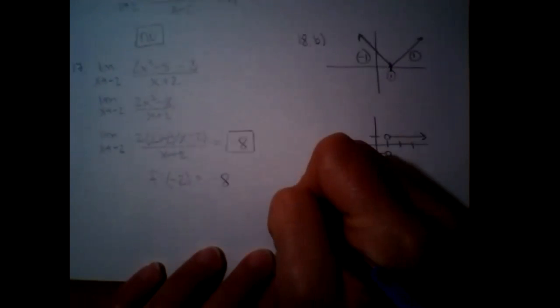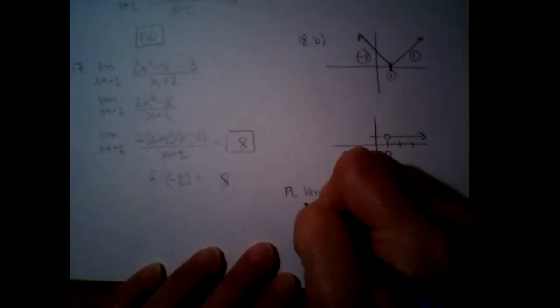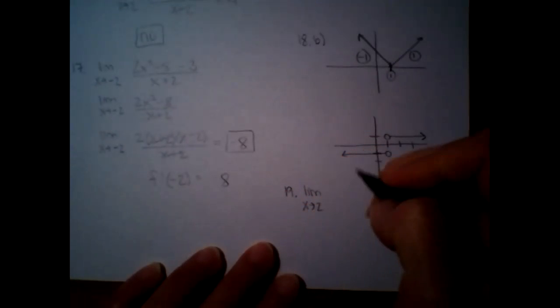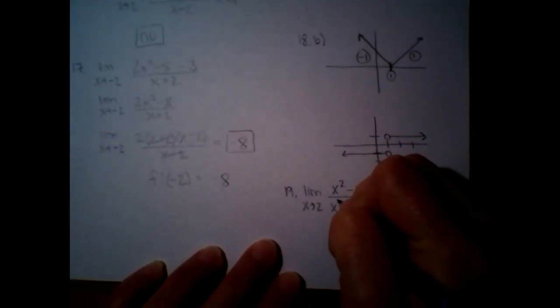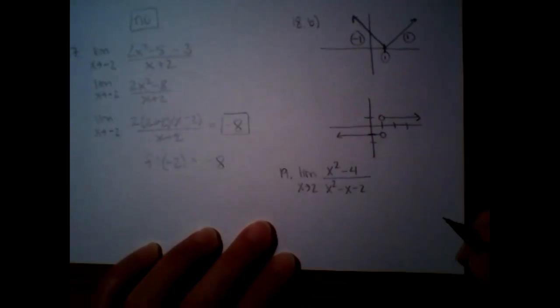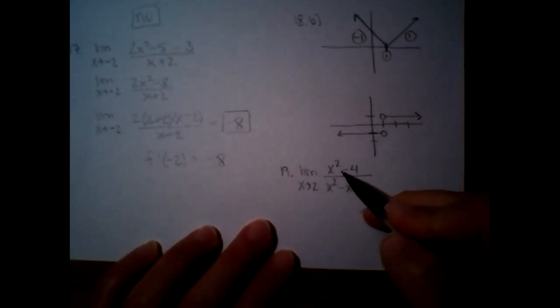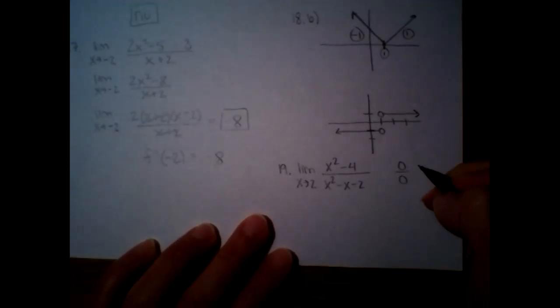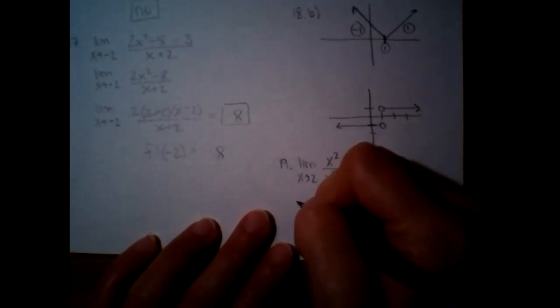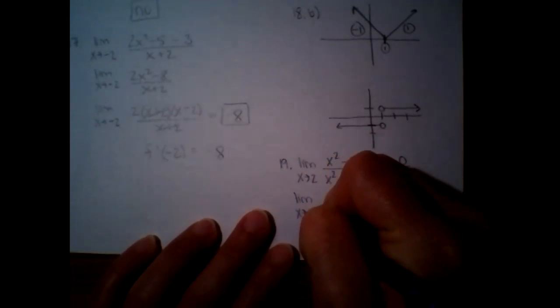Right, and then 19, we have limit as x goes to 2 of this function. So if you plug in 2, you're going to get 0 over 0. That's indeterminate, and so that means that there is a hole, and we're going to need to factor.